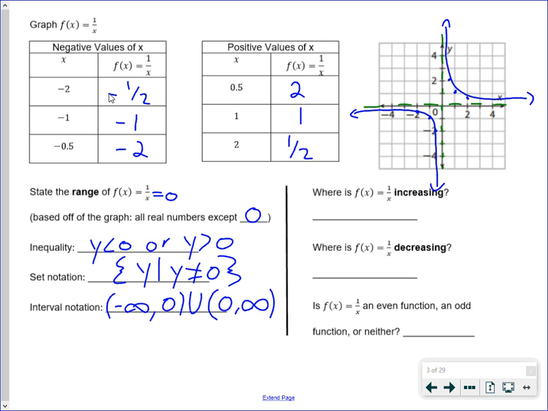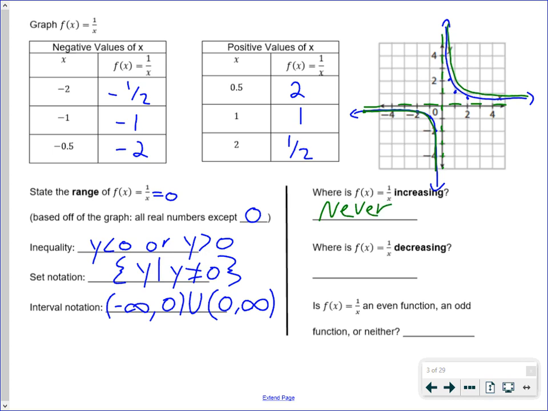If we start right here on the left side and slowly make our way to the right, we see we're decreasing the whole way. So the left side of the graph is never increasing. Now let's look at the right side. If we start at the left and go to the right, it's the same thing. We're just decreasing, our y values are getting smaller and smaller. It's not increasing either, so this function is never increasing.